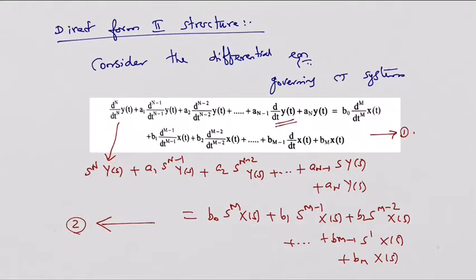When we divide the equation throughout by s power n and assume m is equal to n, you will notice that this will become y of s plus all those terms kept at the places where they are available: y of s by s plus a2 y of s by s squared will appear.